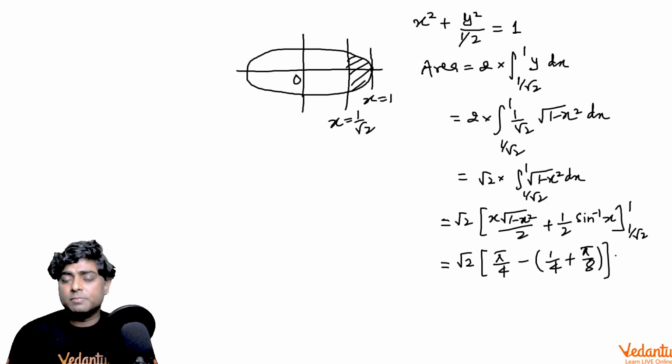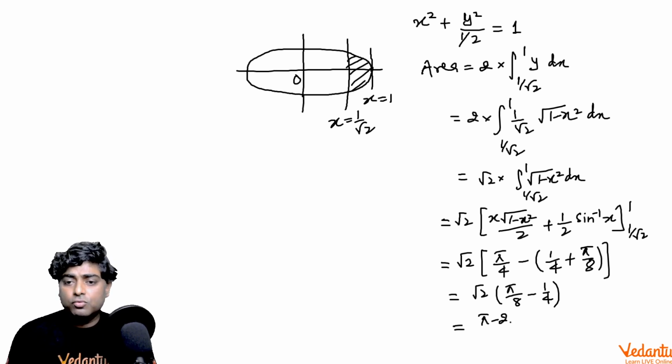Finally pi by 4 minus pi by 8 is pi by 8, so pi by 8 minus 1 by 4, times root 2, so finally we are getting pi minus 2 divided by 8 into root 2, so 4 root 2 finally.